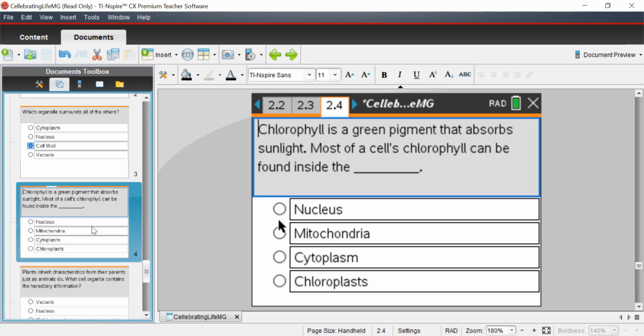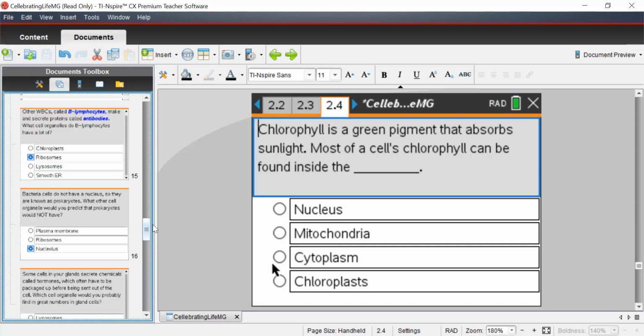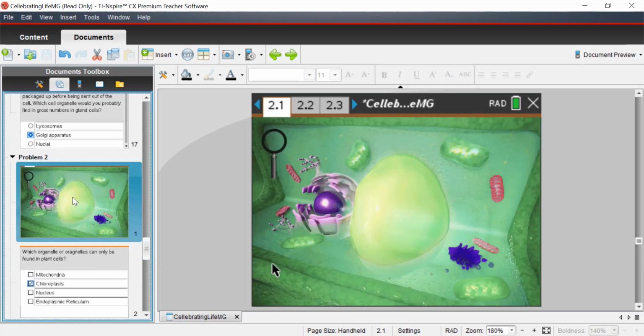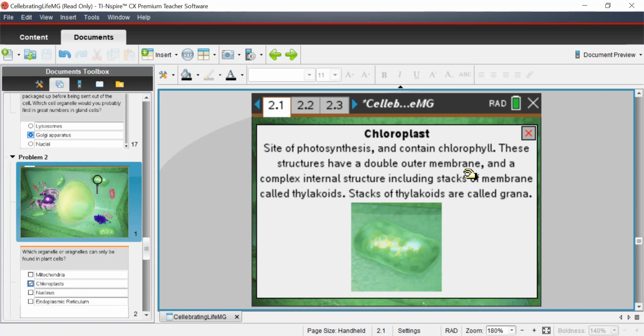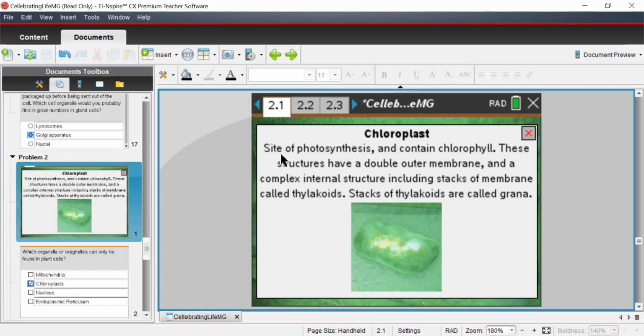Okay, page 4. Chlorophyll is a green pigment that absorbs sunlight. Most of a cell's chlorophyll can be found inside the nucleus, mitochondria, cytoplasm, or chloroplast. So let's take another look at this plant cell, and I'm just going to jump on over to this guy. So the chloroplast is the site of photosynthesis, and it contains that word chlorophyll.